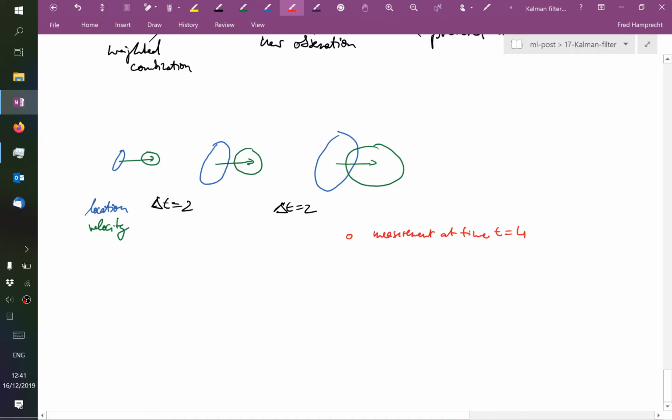Let's say the measurement only measures location. So this is the measurement of location at time t equals 4. And now you also see why this projection operator was important, because I have that this measurement x4 equals c times z4 plus again this noise. What letter did I use for the noise? It was a v.